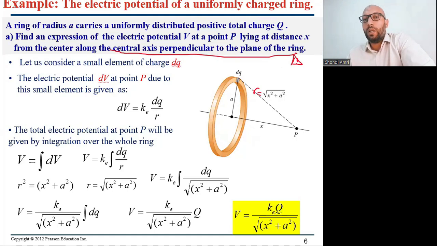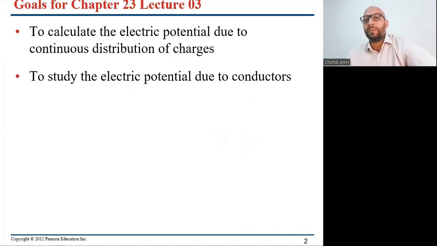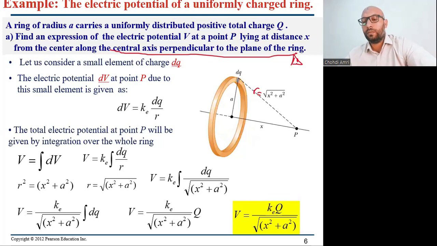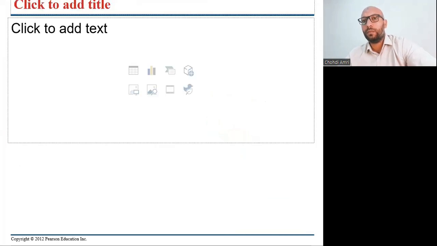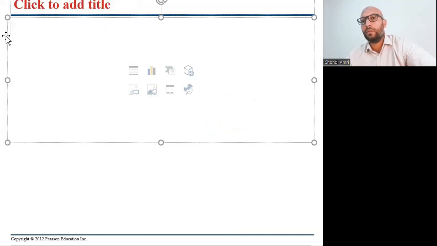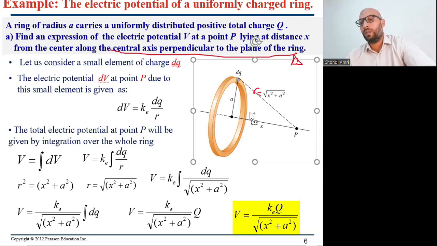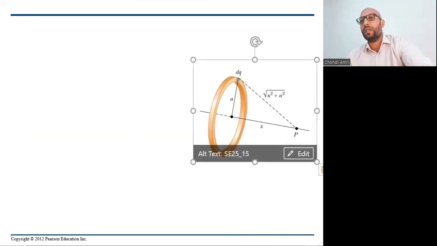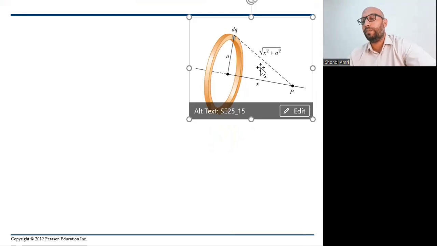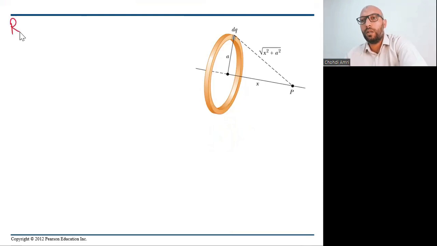As usual, let's try to solve step by step. He's asking about the electric potential at the point P. You see here that we have a ring. That means a continuous charge distribution.